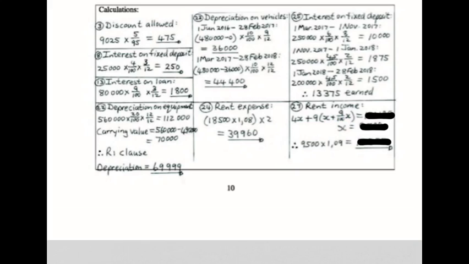And that equals the 131,195 total rent received. So therefore, if we get X alone on one side and we divide it by the other side, we see that our X amount is actually 9,500. So that is before the increase.